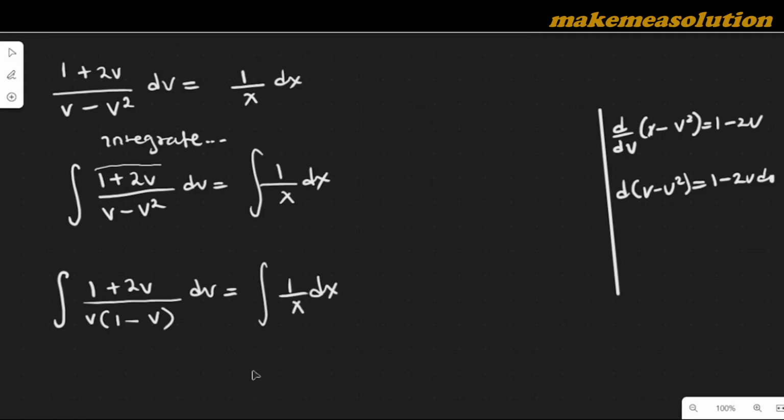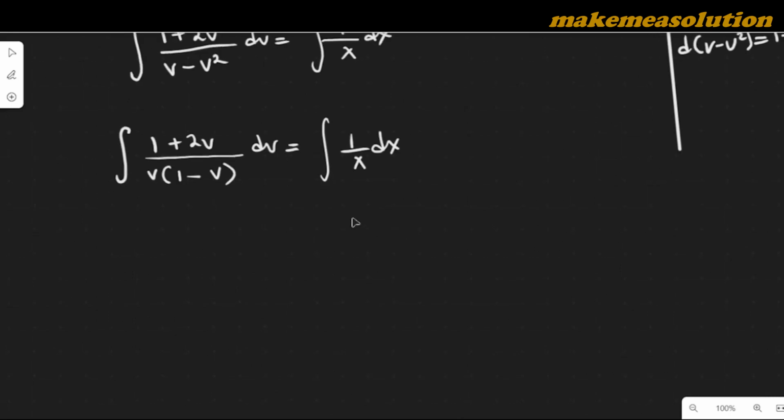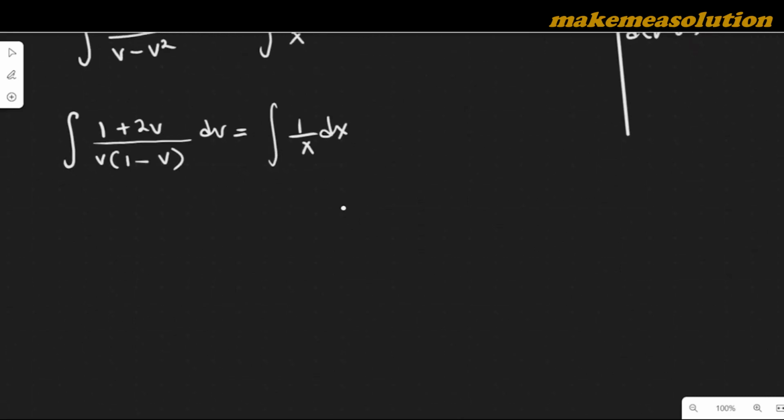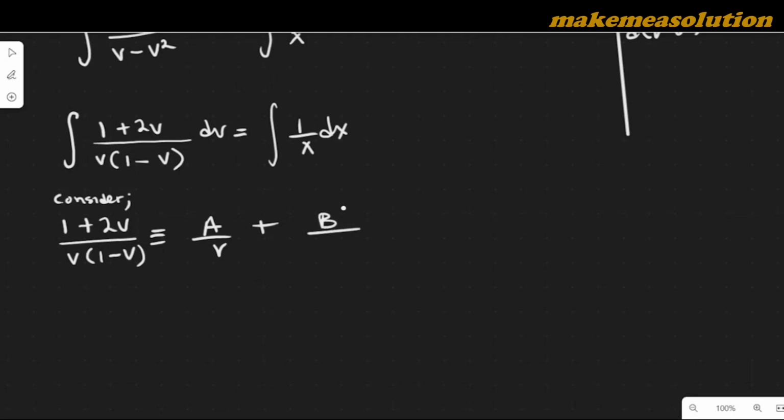Then what we are going to have left is to try to split the fraction here into its partial fractions. So this one is pretty straightforward. Consider, you have to split it. This is a over v plus some b over 1 minus v.